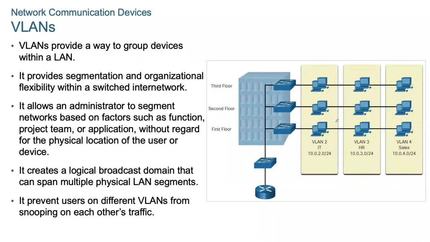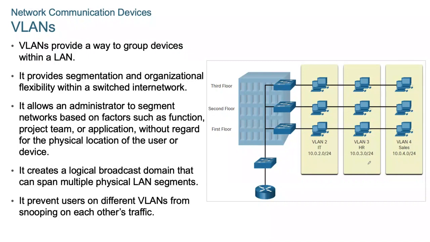And why are these switch devices used? We can check that virtual LANs will be formed with this switch device, which we call VLANs. Within a switching network, the VLAN provides segmentation and organizational flexibility for identifying and speeding up the network bandwidth, or the network throughput. This VLAN provides a way to group the devices within the LAN, like VLAN 2, VLAN 3, VLAN 4.